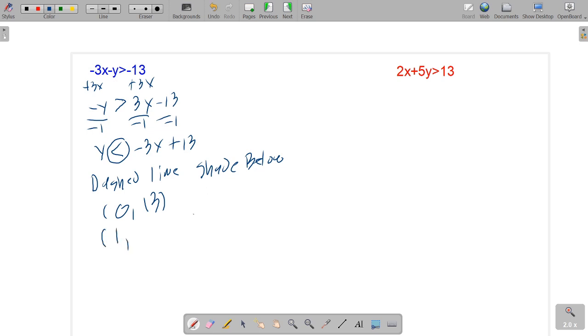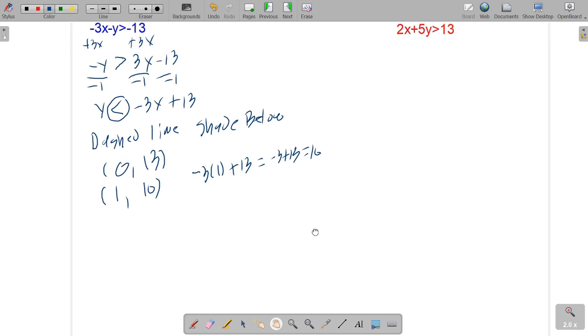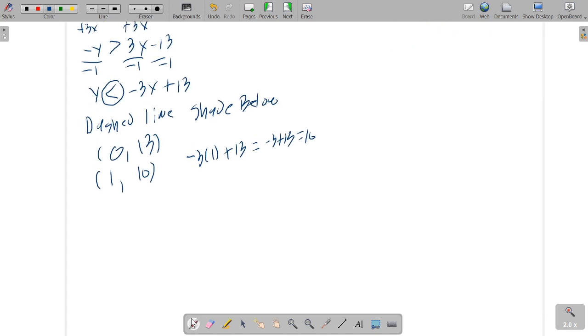I now have negative 3 times 1 plus 13, which is negative 3 plus 13, which is 10. Now if I plug in a 2, I will get negative 3 times 2 plus 13, equals negative 6 plus 13, and that is 7.